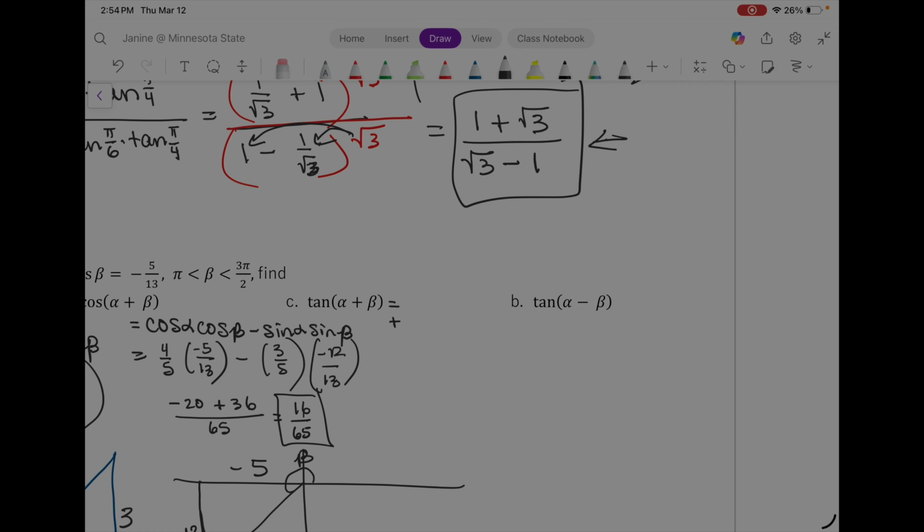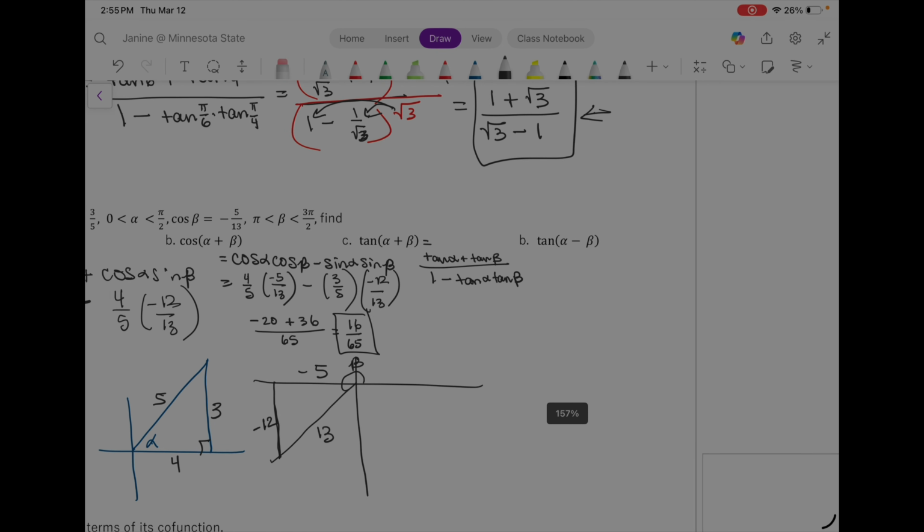So this one will be tangent alpha plus tangent beta over 1, and then it's opposite sign, minus, and then tangent alpha times tangent beta.